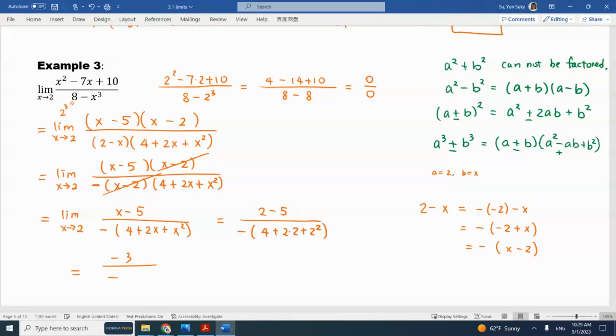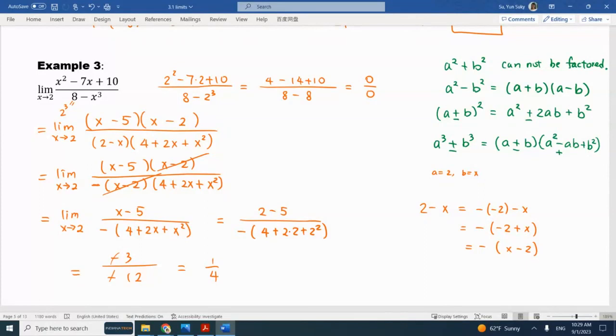Negative 3. Denominator: negative 4 plus 2 times 2, plus 2 squared. 4 plus 4 plus 4, 12. Right? Do you see what we can cancel? The negative sign cancels, and the 3 cancels, we get negative 1 over 4. Yay. So this is the answer. Okay?